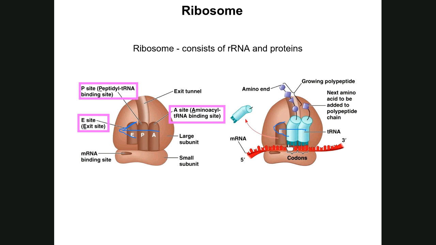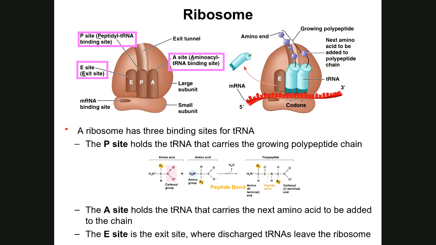Then eventually that growing polypeptide is removed from that tRNA and it'll move into the E site so it can exit. So notice here, when a tRNA enters the A site, the access site, it's transferring an amino acid, but by the time it reaches the E site to exit the ribosome, the amino acid is gone. The ribosome has grabbed it and used it to synthesize a growing polypeptide. So this is what we'll talk about when we get to the three steps.